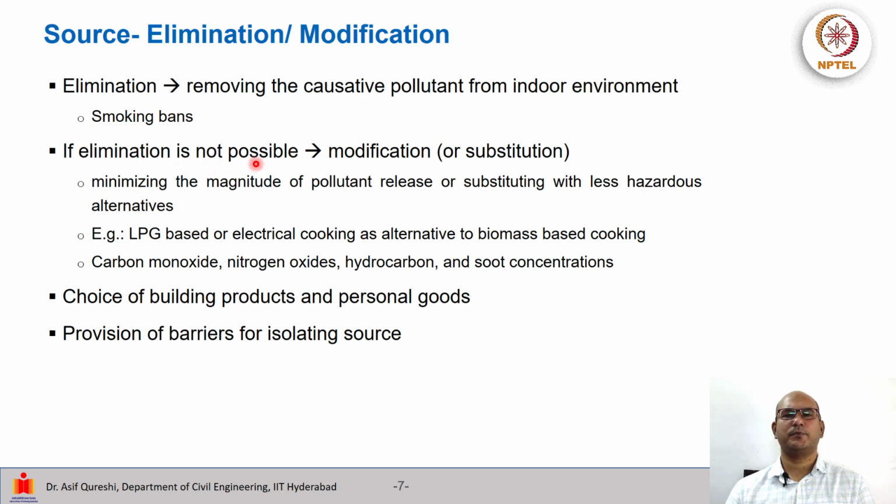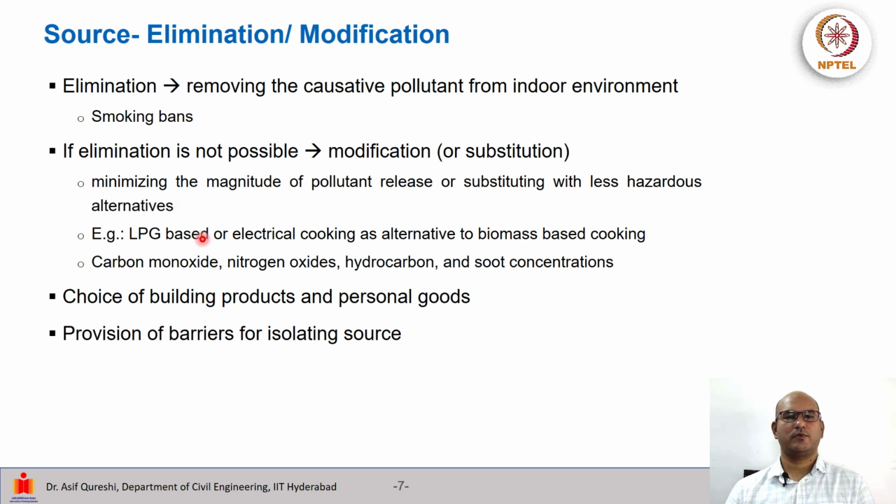If elimination is not possible, one can modify or substitute. For example, minimize the magnitude of pollutant release, or substitute the pollutant or the source with a less hazardous alternative.